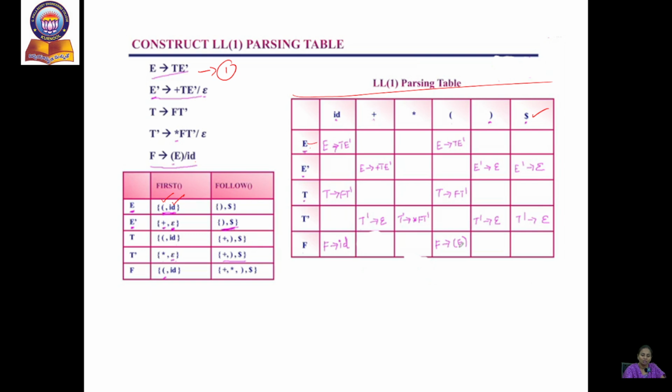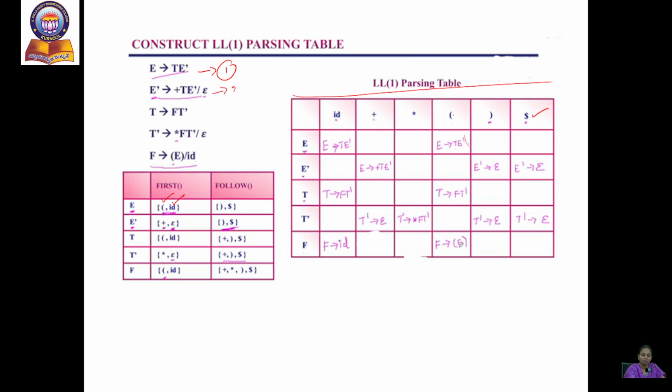Where these row and column intersect, that box is the intersection of these two. So in these two boxes, E derives TE dash can be written.